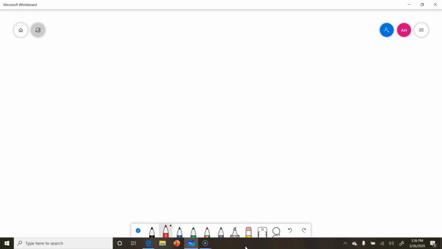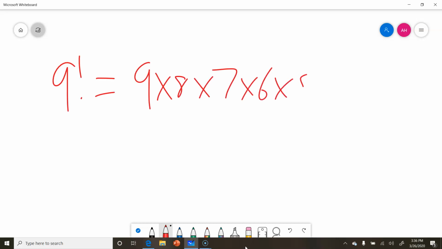Here's what it would look like if we did 9 factorial. That would be 9 times 8 times 7 times 6 times 5 times 4 times 3 times 2 times 1. Go ahead and type that all in your calculator. You get a really big number.